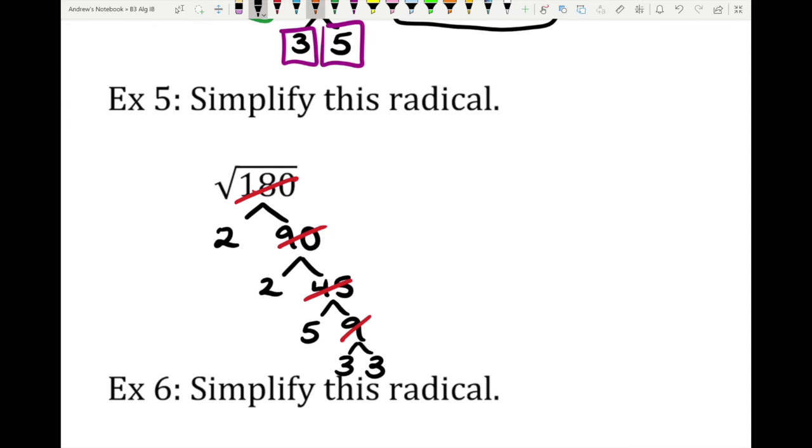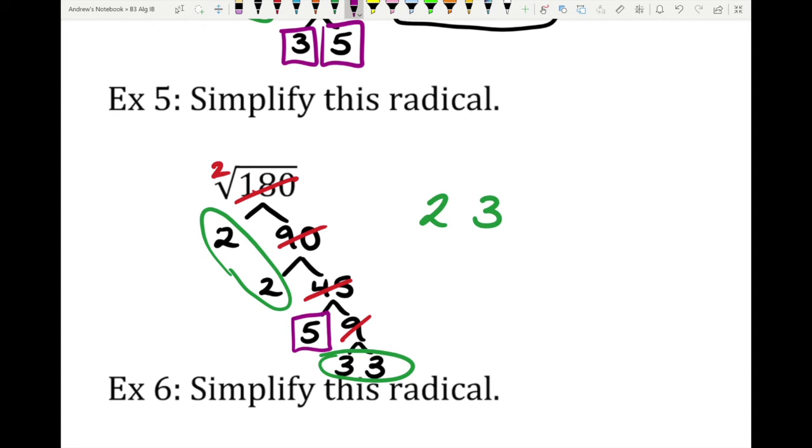Now again, my index is 2, so I'm looking for pairs of numbers that are the same. I have a pair of 2's and a pair of 3's, so I can take out a 2 and a 3 to go on the outside. The only other thing I haven't used is this 5. It's all by itself, so that 5 is going to have to go on the inside of the radical.